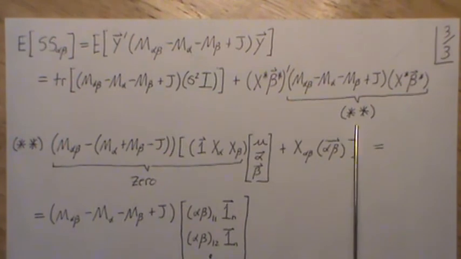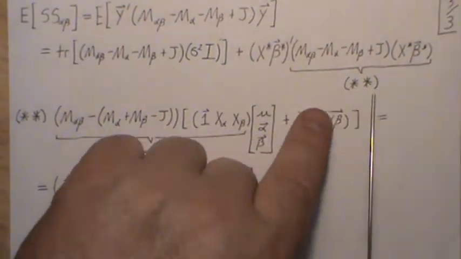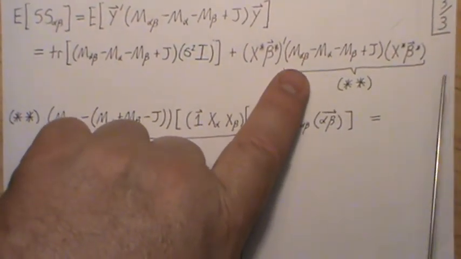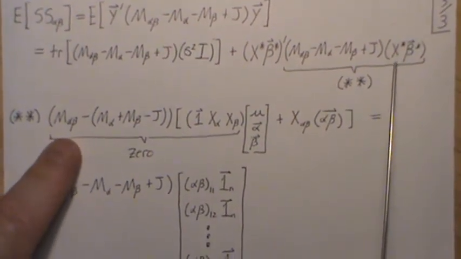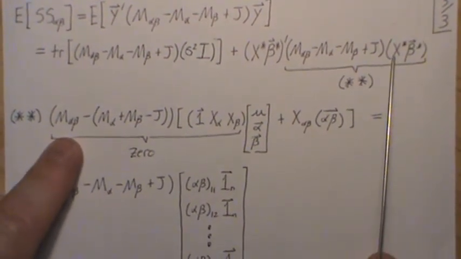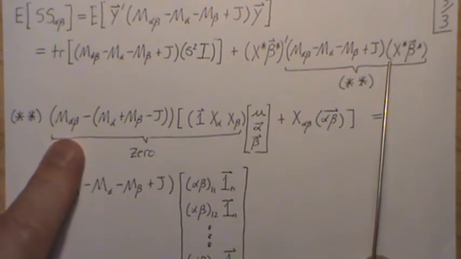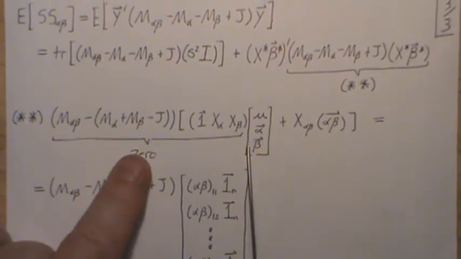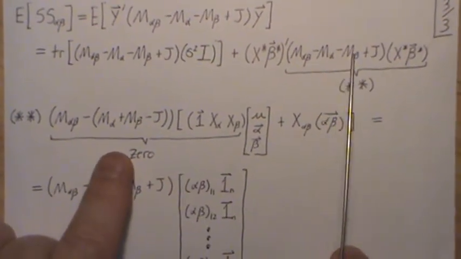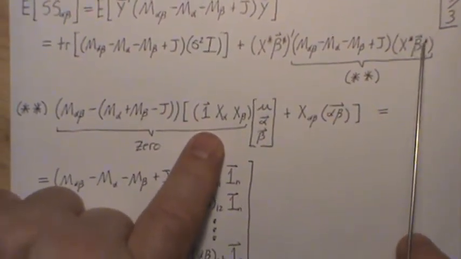But let's look at this piece here and bring it down. So we multiply this out, right? This is here, and then this piece is here.